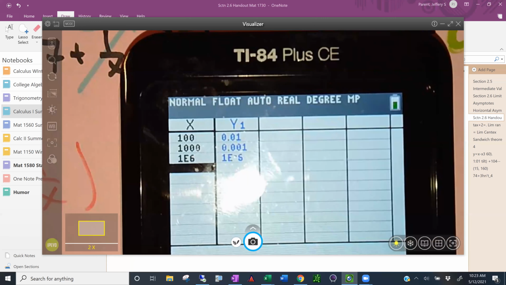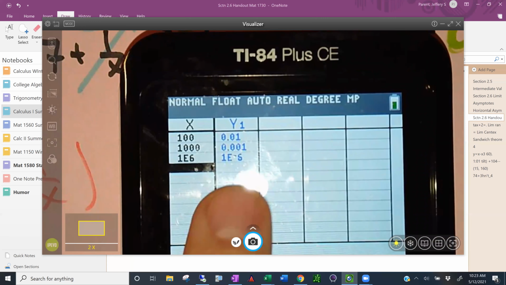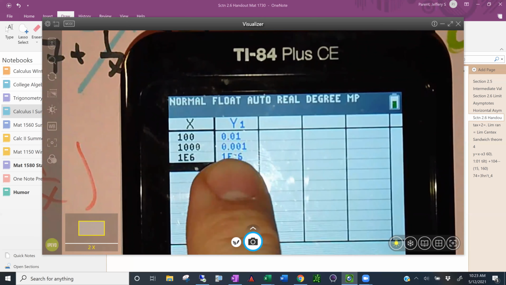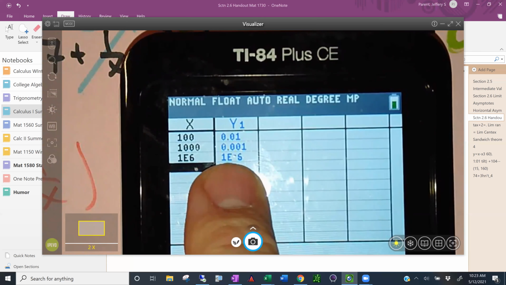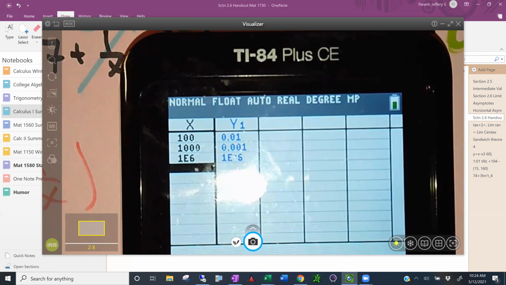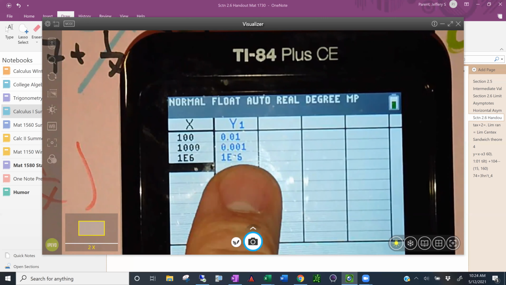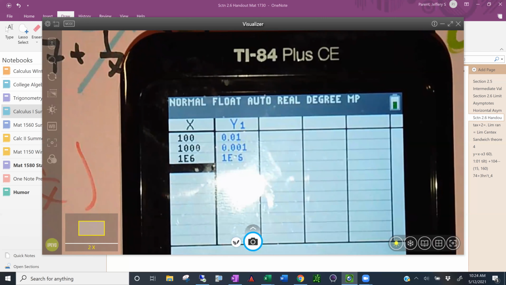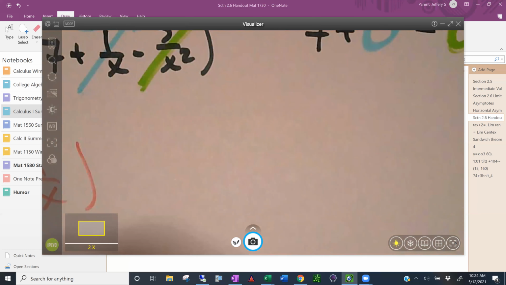In fact, they're getting small enough that your calculator would have to start using scientific notation. 1e negative 6 means there's 5 zeros and then the number 1. So it's getting really, really small. Eventually it gets close to 0, and in the limit it gets to 0.